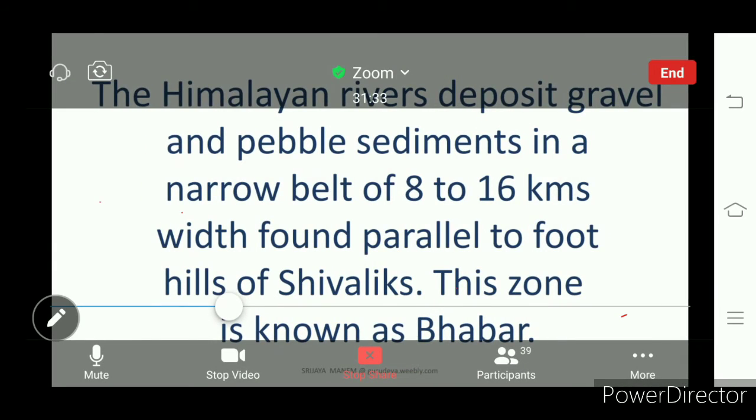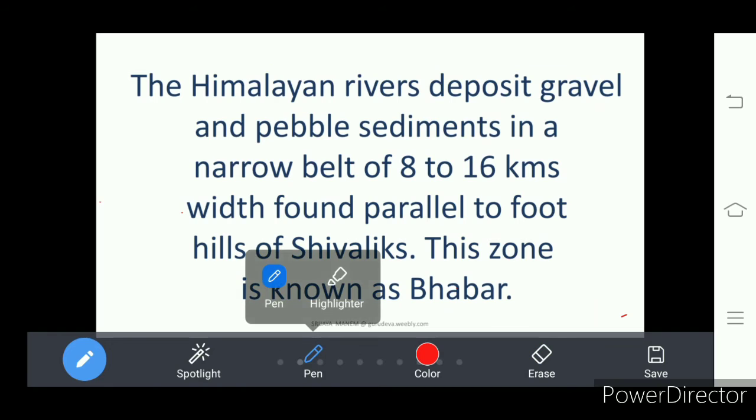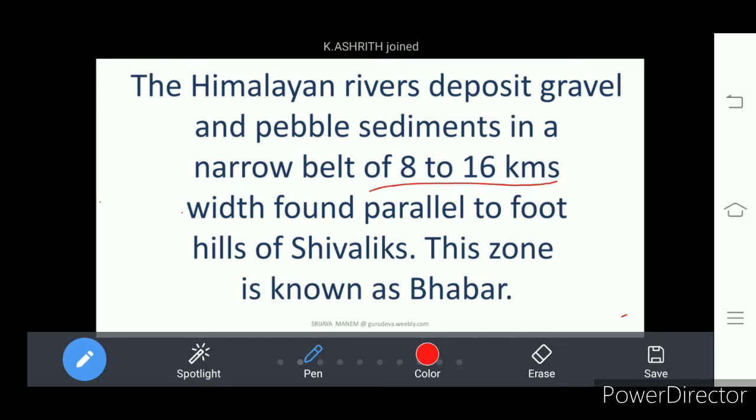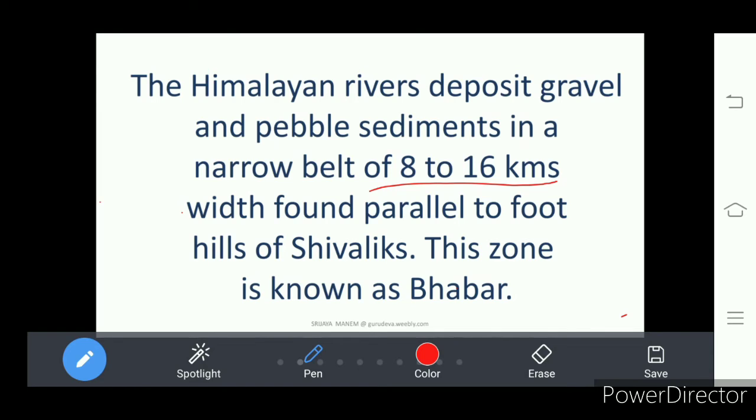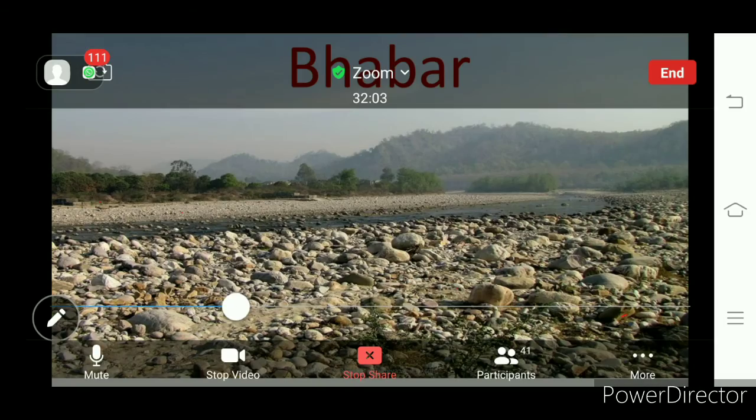How many kilometers? 8 to 16 kilometers width, parallel to the Shivaliks, and at the foot of the Shivaliks we find a narrow belt with gravel sediments, pebble sediments which are round stones. Once you look at here, that is what we call Babar.